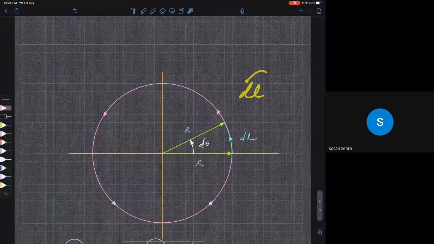For small time interval dt, t must be small, dl must be small. Clear?